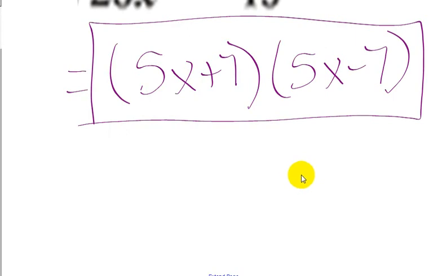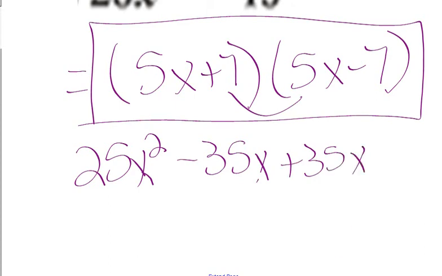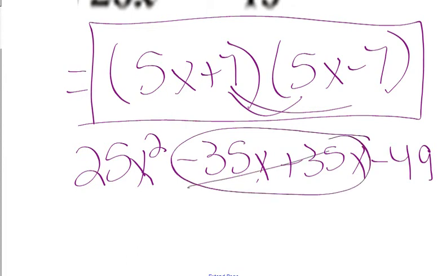Let's go ahead and check one and just watch what happens for grins. Let's FOIL it out. We're going to have 25x squared, minus 35x, plus 35x, minus 49. Well, plus 35 minus 35 goes to 0.